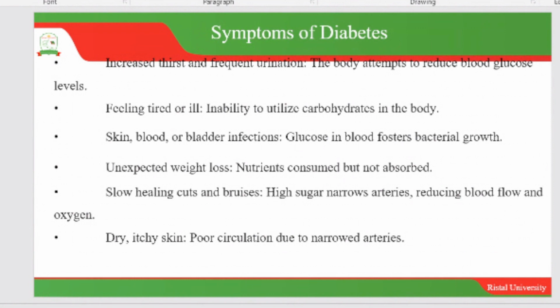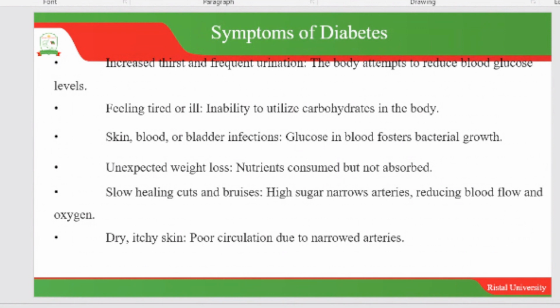Then the other symptom is unexpected weight loss. Glucose is not absorbed by the body for use by the tissues. So as a result, the person will lose a lot of weight.